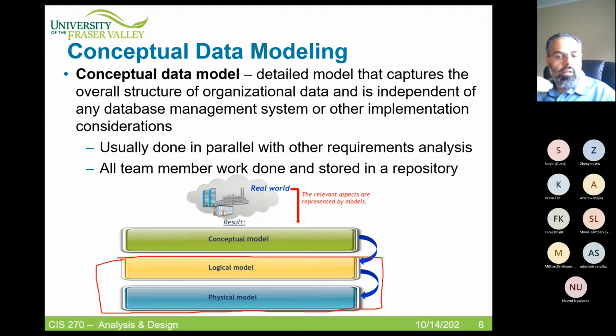Then the entity will not be an entity anymore, it will be a table. And then when we go to implementation, we write the DDL query, and we will have a physical file for this table.